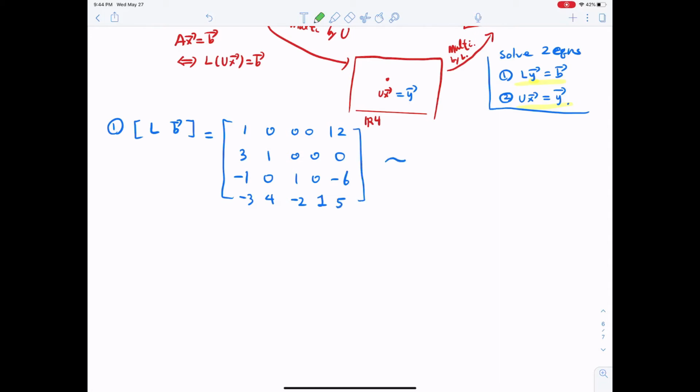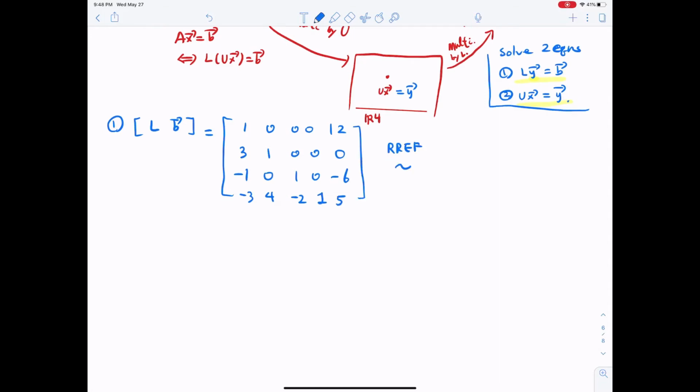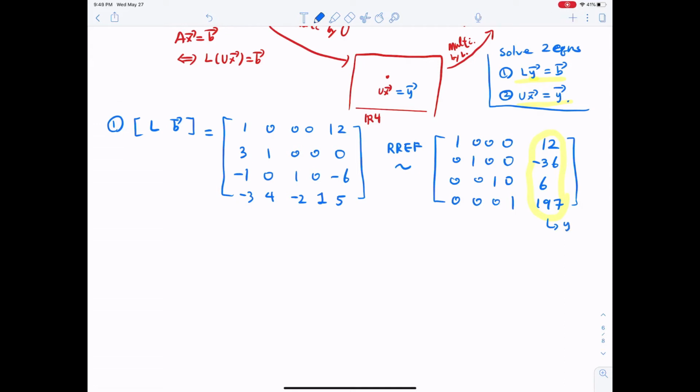If you RREF this matrix, then you get 1, 0, 0, 0, 12, 0, 1, 0, 0, negative 36, 0, 0, 1, 0, 6, 0, 0, 0, 1, 197. And now we know that this last column is the vector Y.